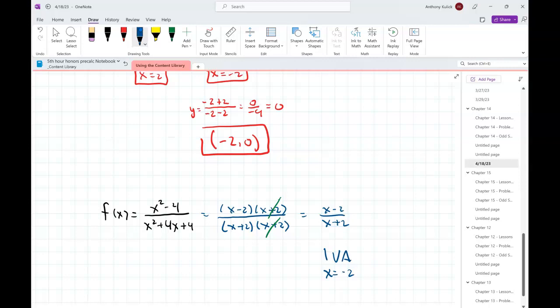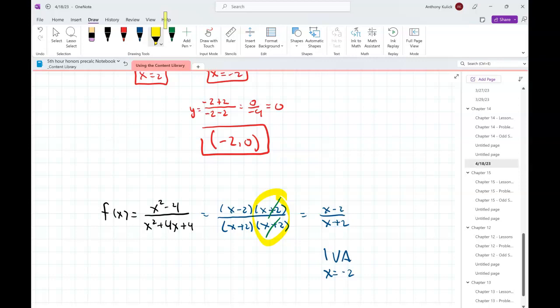It's okay to take a risk, guys. It's okay to be wrong. 1. You say 1. And you said 1 because we have something crossed off here, right? What would the location of that removable discontinuity be then? Well, -2, right, for the x. But doesn't that conflict with the vertical asymptote's location? Yes, it does.